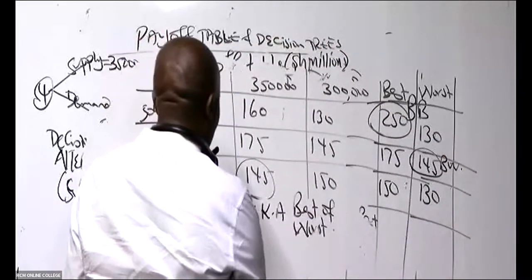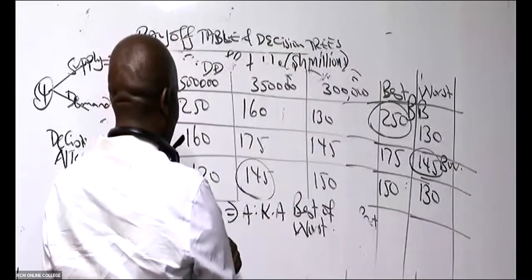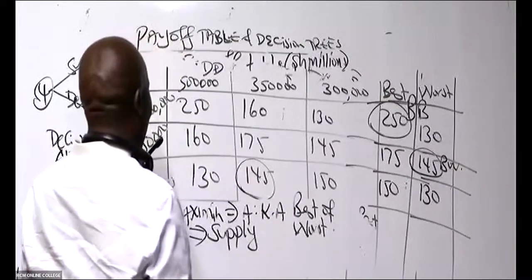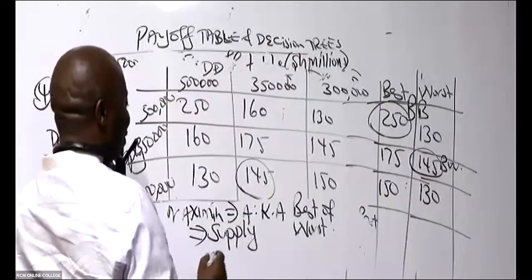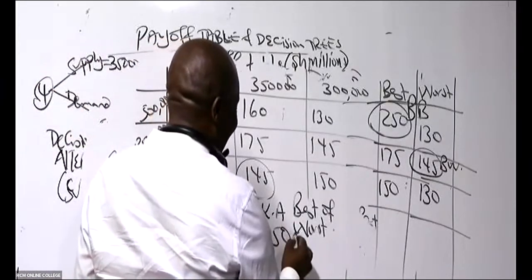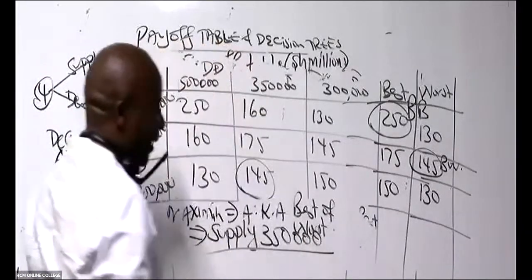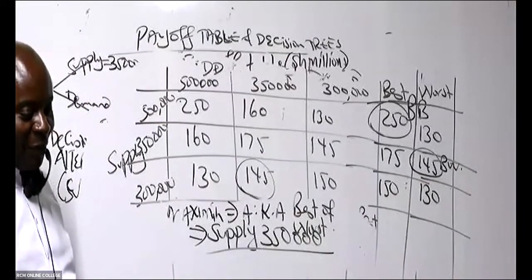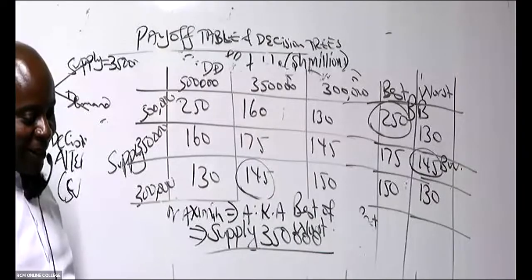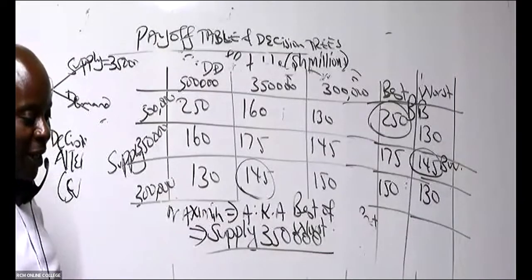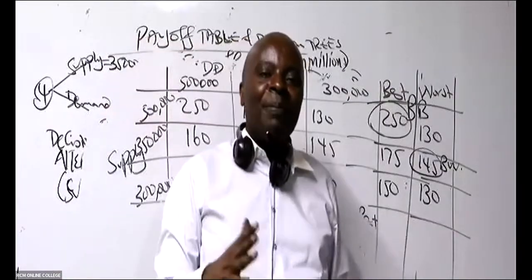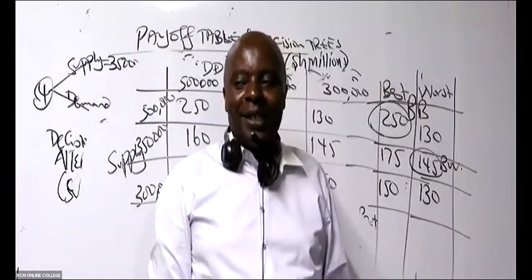And therefore, if it's max mini, in this case here, supply how many units? 350. Lucy, check well. Supply 350,000. I'm sure the students who are here, had you done this question this way, we would be talking of a different story, but such is life.